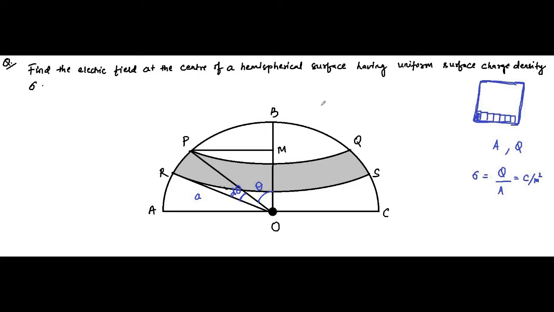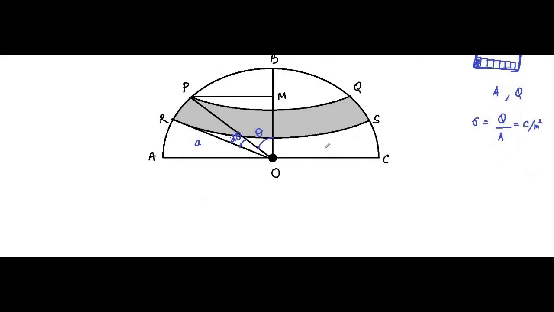Now let the resultant electric field due to this portion, this ring PQRS, be this one, delta E vector, the left hand portion of the ring I am talking about. Here this angle will also be theta.